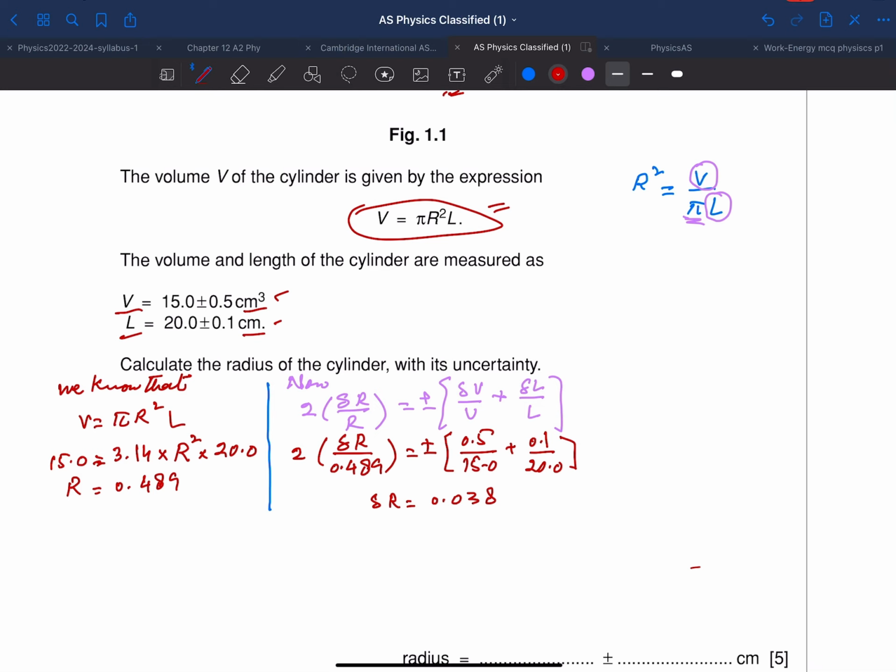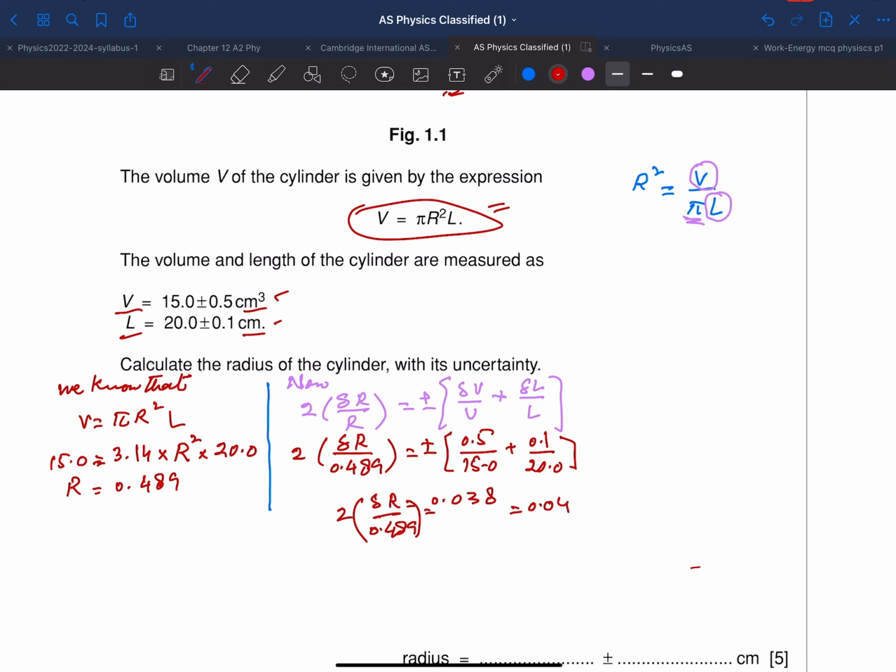When you calculate the result, this is 0.038, with this thing 0.489 still on this side, and 2 on this side. So you can write 0.038, or simply you can write 0.04.